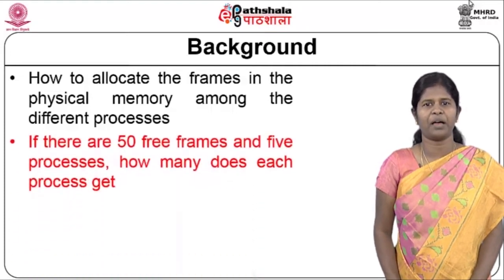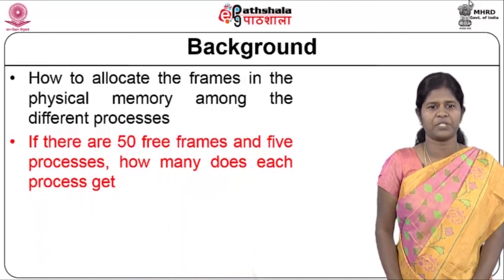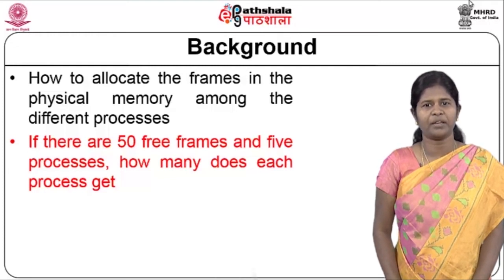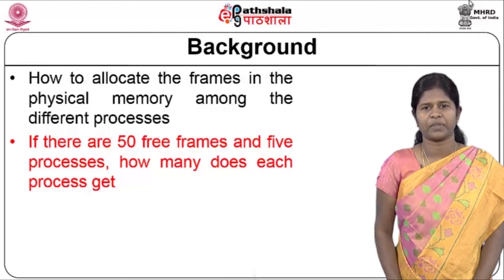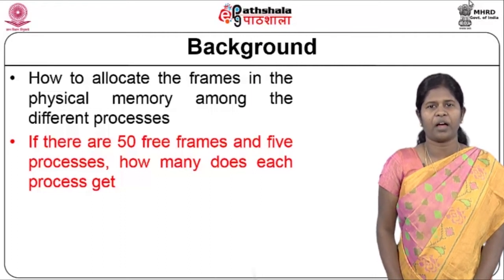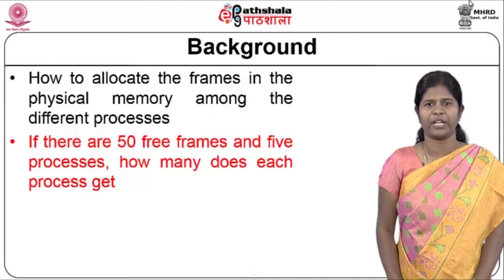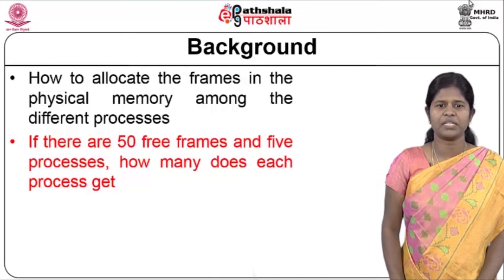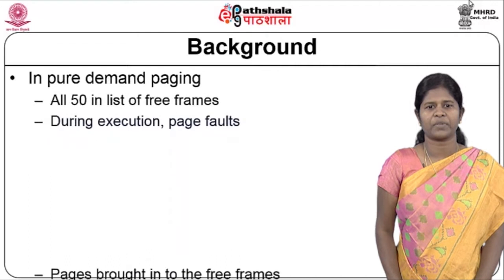So, for example, if you have 50 free frames and there are 5 processes, how do you divide these 50 free frames among the 5 processes? There are different ways in which I can do this. This is what we learn first in this class.